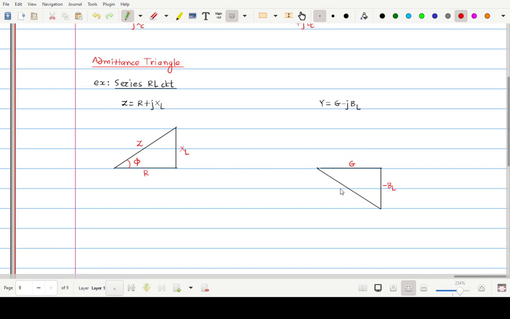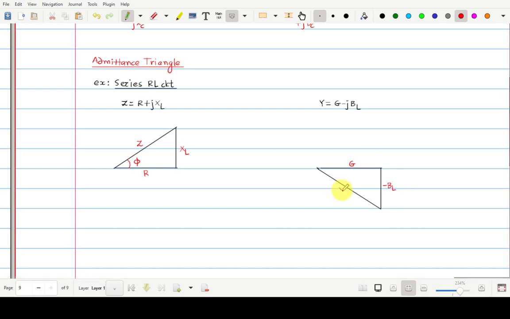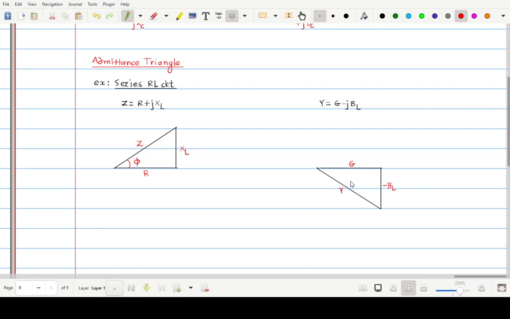And what about this hypotenuse? This hypotenuse is nothing but your admittance. And the angle between G and Y is nothing but your phase angle phi. Why are we getting negative phase angle? Because of this minus sign. Here XL was positive, so you were getting positive phase angle. So in this way you can draw admittance triangle for any circuit. It will be exactly opposite of impedance triangle.